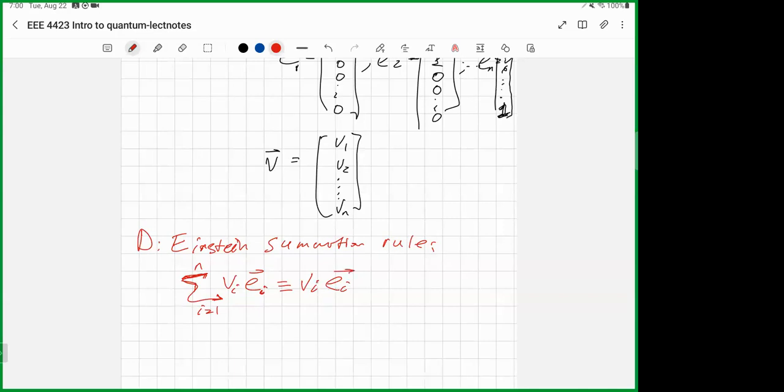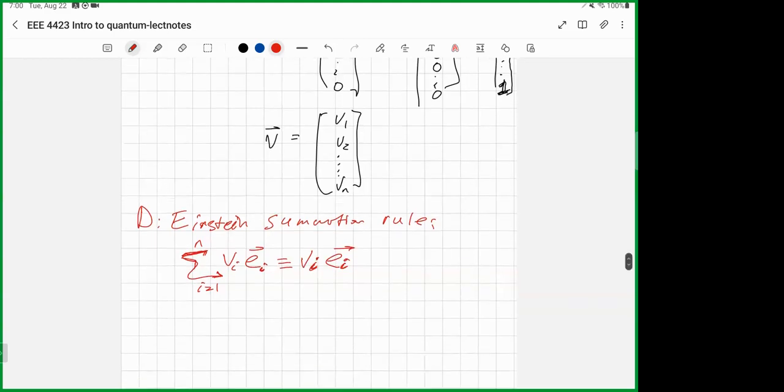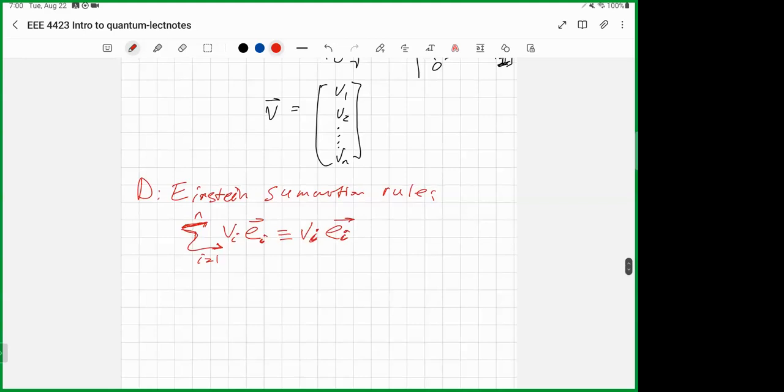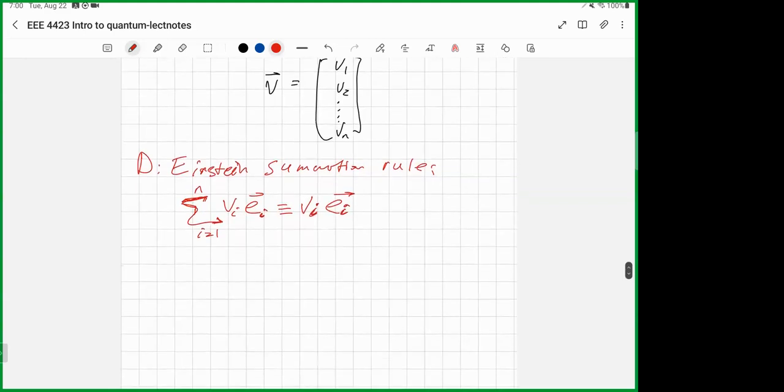And when we meet this i twice, it means that we do summation. When we encounter this, we can skip the summation sign just to make things tidy and shorter.